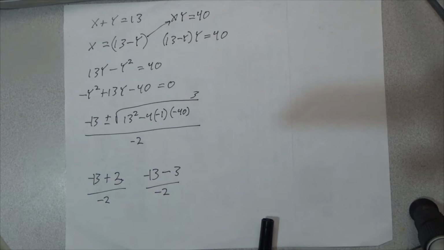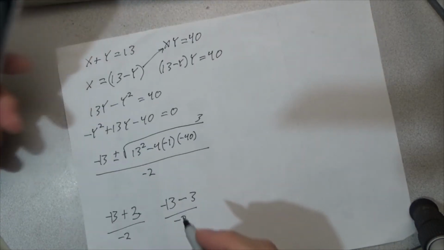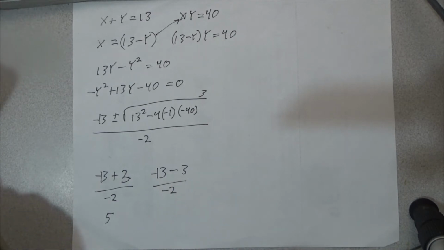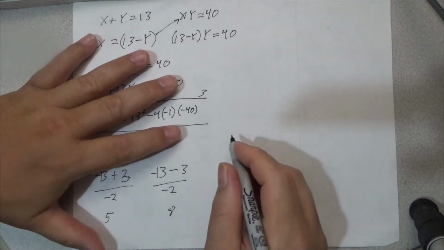So let's whip that one out. Negative 13 plus 3 is negative 10, divided by negative 2, so this one is 5. And negative 13 minus 3 is negative 16, divided by negative 2, and this one is 8.